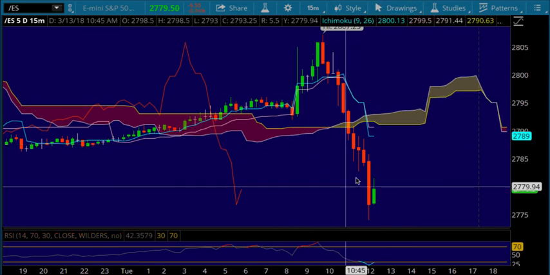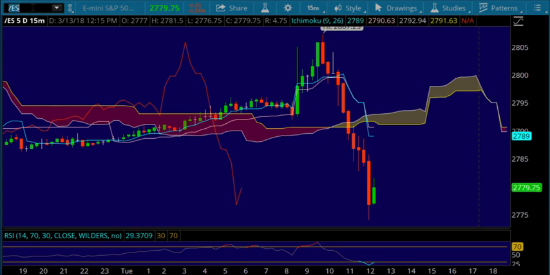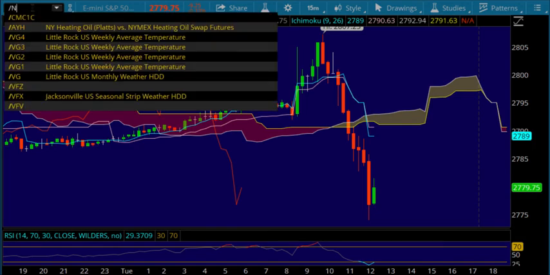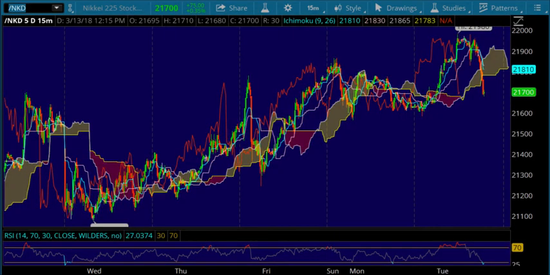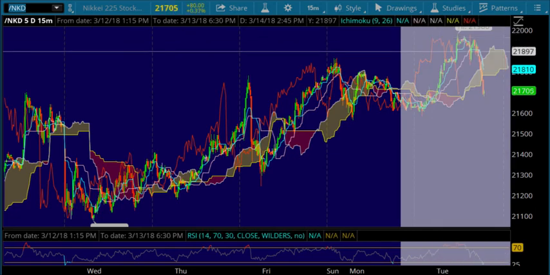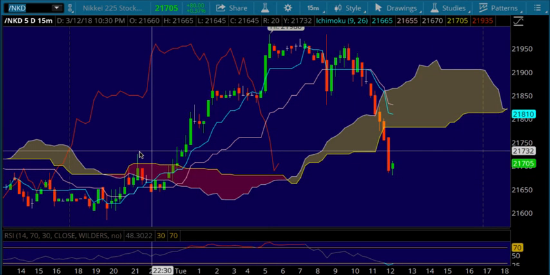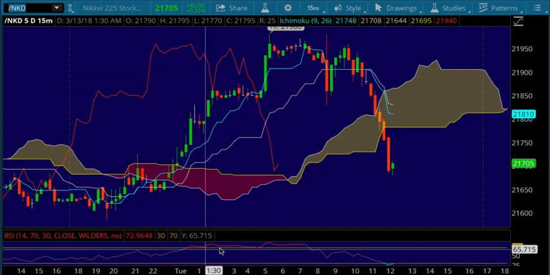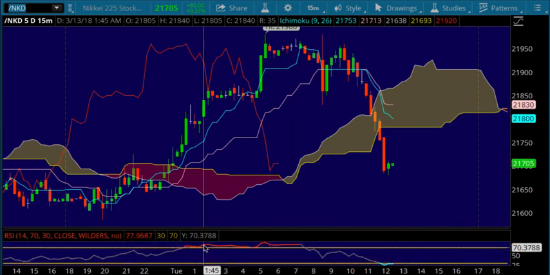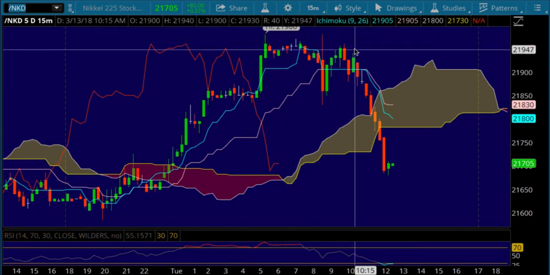An important chart to keep an eye on if you're trading the ES, I say this on my Twitter feed all the time, is the Nikkei. And the Nikkei was very bullish overnight. In fact, it got very overbought. You can see this red line on the RSI got very overbought overnight.